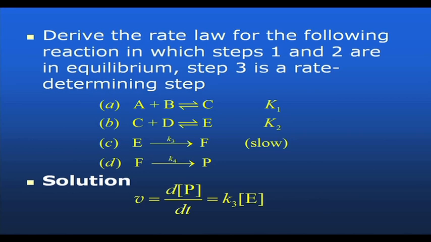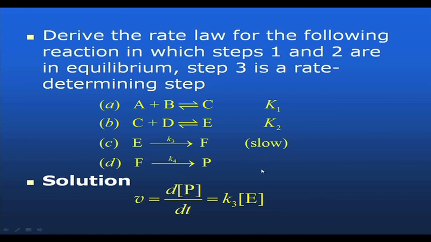That is, these are equilibrium steps with equilibrium constants K1 and K2. Then the third step with rate constant k3 is the slowest one. Therefore, this is your rate determining step, and D is the product formation, which is also fast. It is not mentioned, but it is fast compared to this one.